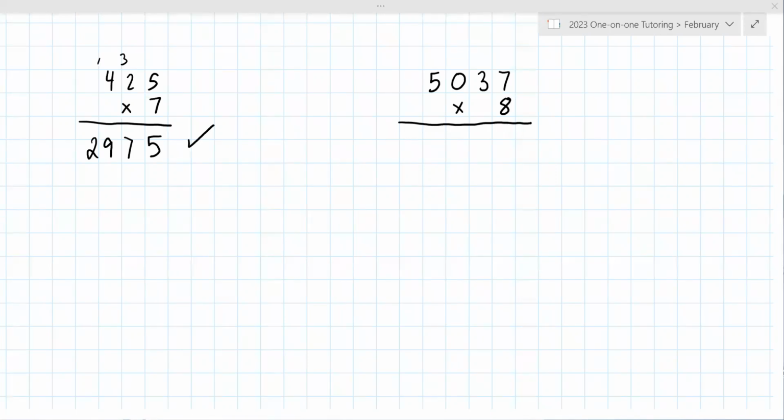So if it's 0 times 8, it becomes 0, right? That's right.